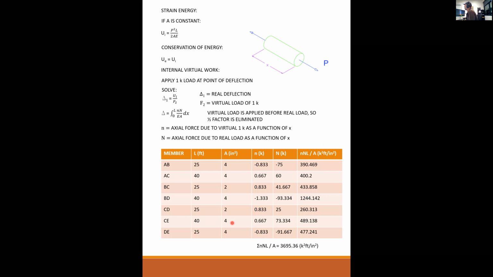Okay, so we're down here. Now if I sum the total of all this, which is really what the integral is doing, summing all the pieces, I get 3,695.36 kip squared feet over inch squared.